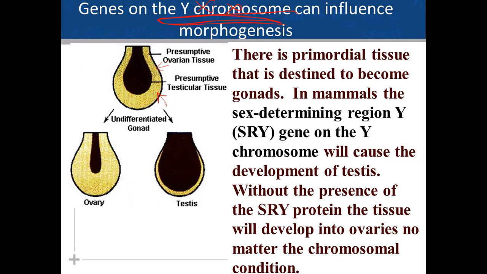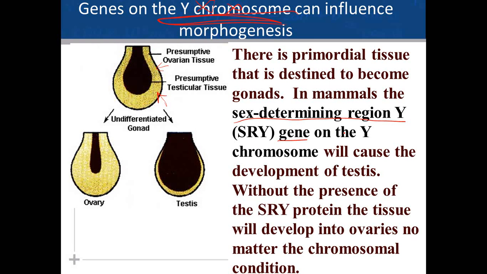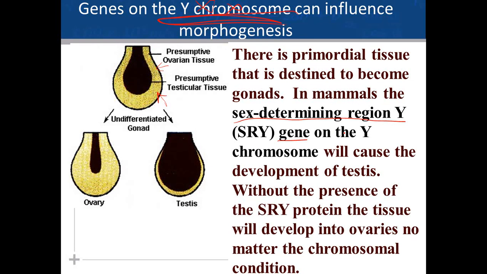The question is, how does that work? Well, it turns out that on the Y chromosome, there is a gene called the sex-determining region Y gene, or simply the SRY gene. And that is responsible for the development of testes. And if for some reason it's not working, then you're going to have, by default, the development of an ovary.